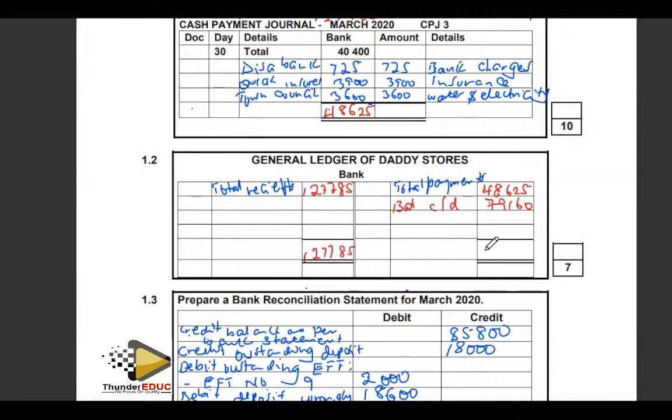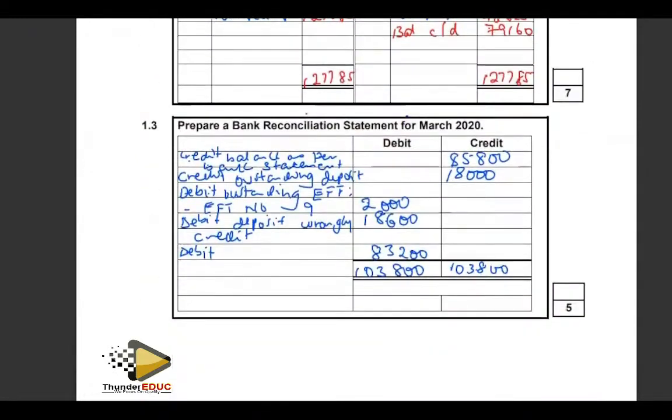127,785. I wanted to show you something. Let me add these figures again. Maybe there is some total we wrote wrongly. I'll need to cross-check. 800 plus 18,000 minus 2,000.